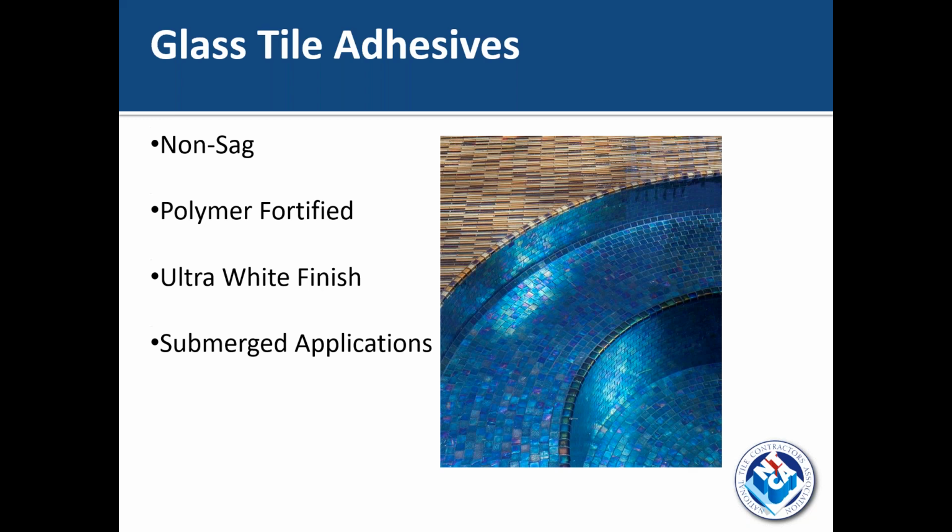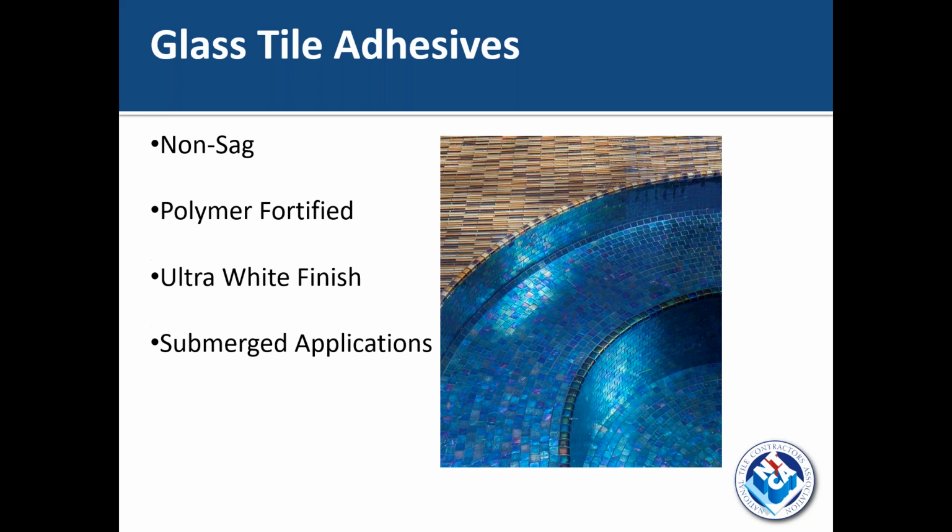I'm going to talk a little bit about some of the specialty products as well, because there are also, in addition, products for these special applications, and one of them is glass tile adhesives. Glass tile adhesives are usually non-sag. They are polymer fortified or modified.